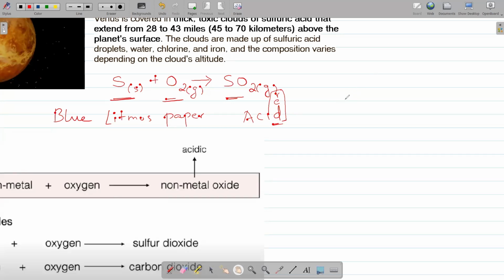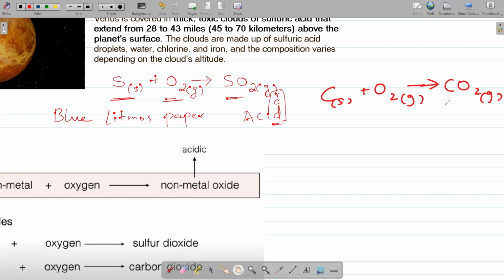Other burning nonmetals, for example carbon. If you burn carbon in the presence of oxygen, it produces acidic gases like carbon dioxide.